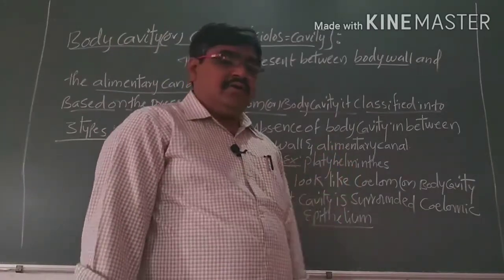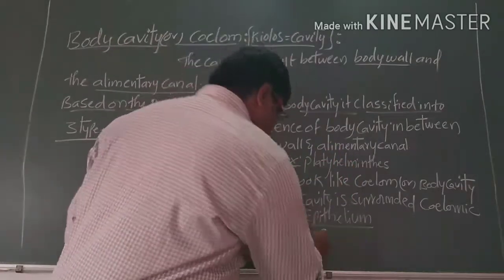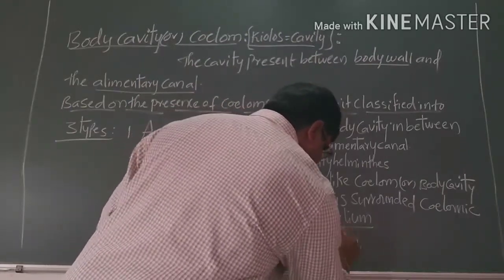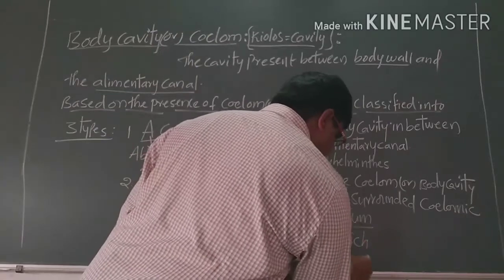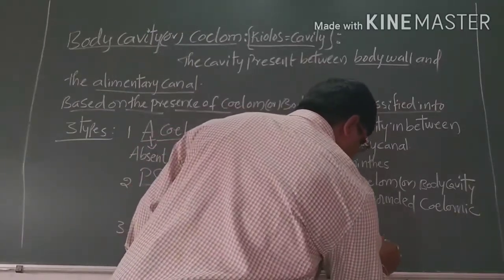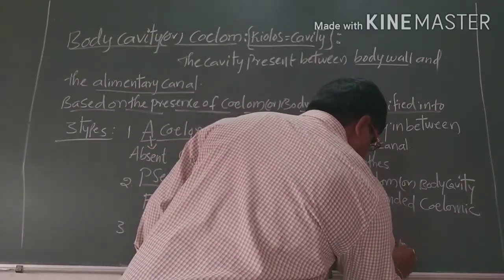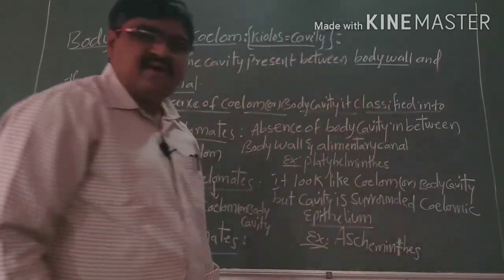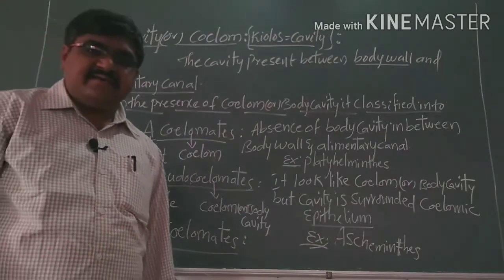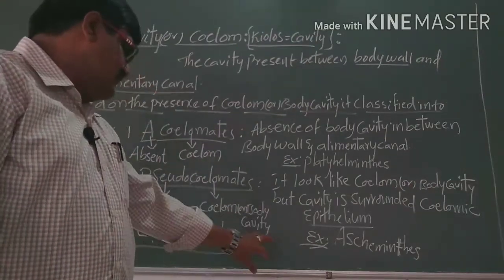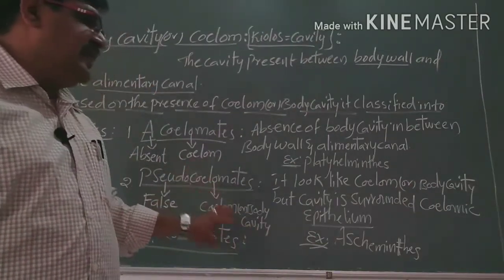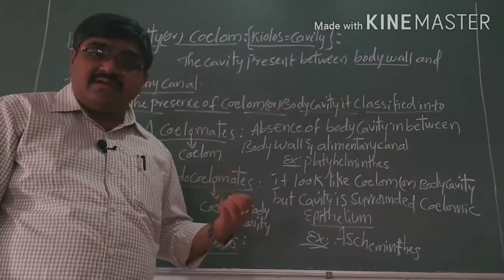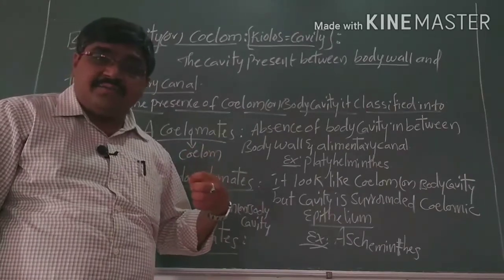For example, we can see Aschelminthes as an example for the pseudocoelomates. It looks like the coelom, but the cavity is not surrounded by coelomic epithelial cells.